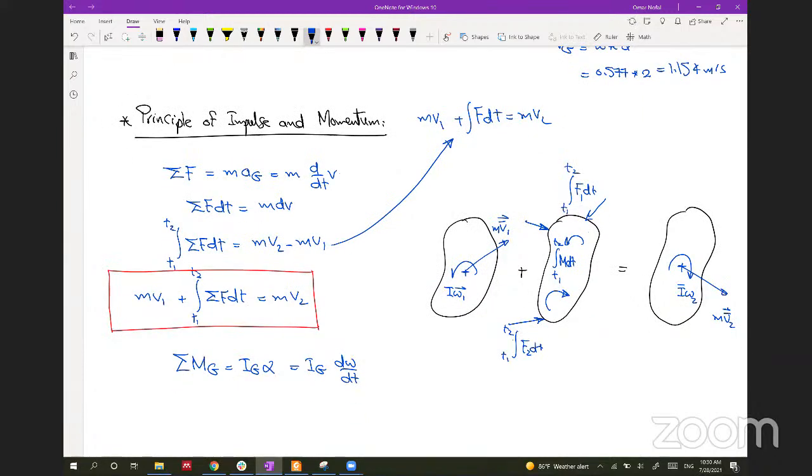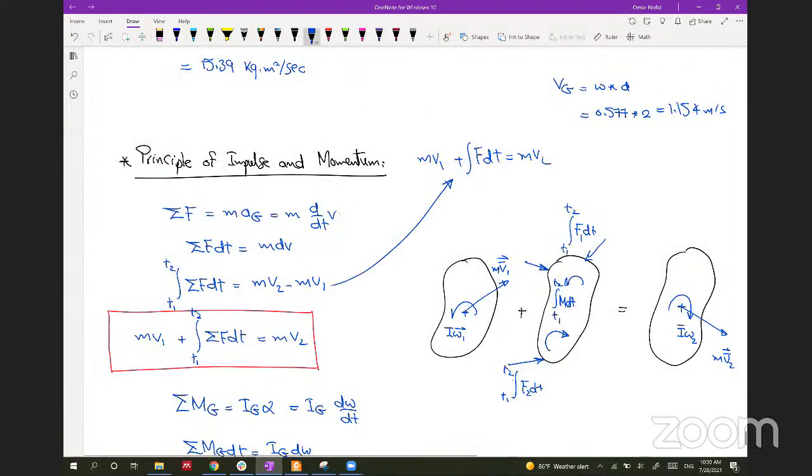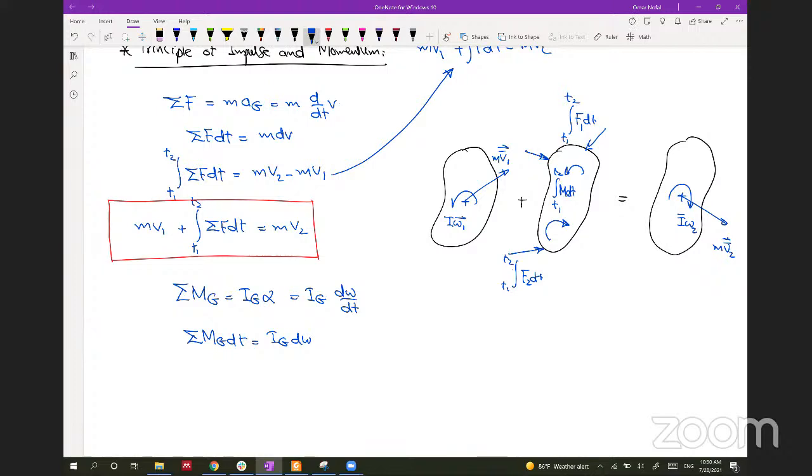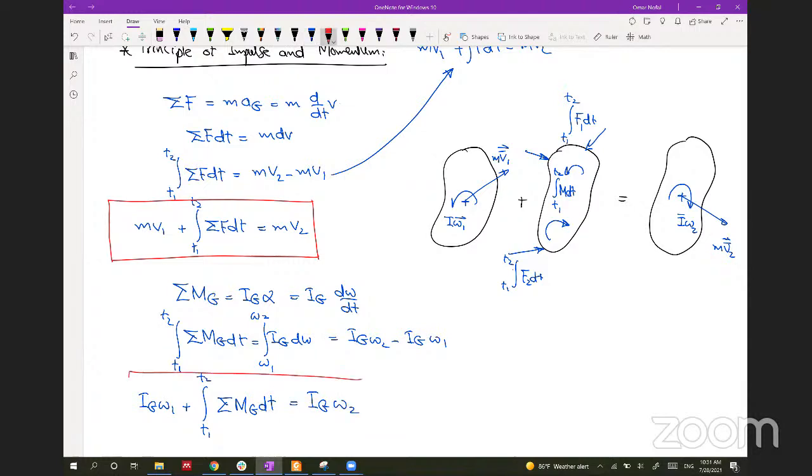So similarly, you can have the sum of the moments M_G dt is equal to I_G d omega, and when you integrate this from t1 to t2 and from omega 1 to omega 2, this will give you I_G omega 2 minus I_G omega 1. And we can have a similar equation: I_G omega 1 plus the integration from t1 to t2 of the sum of the moments about G dt will be equal to I_G omega 2, and this is our second equation.